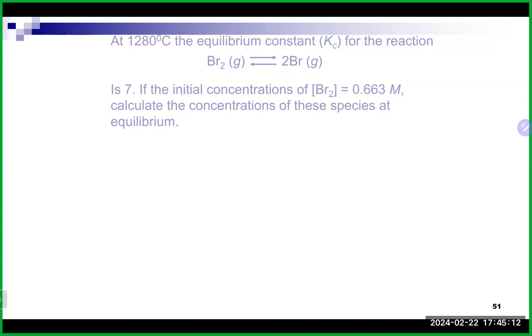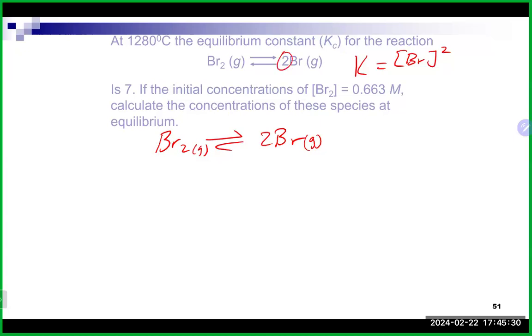So I personally would start with perhaps the equation. You probably want to make sure it's balanced, which it does look like it is balanced here. We could also start with the equilibrium expression, which means K would equal the concentration of Br, and we would square it because of the coefficient, divided by the concentration of Br2, and that would equal lucky number 7 there.